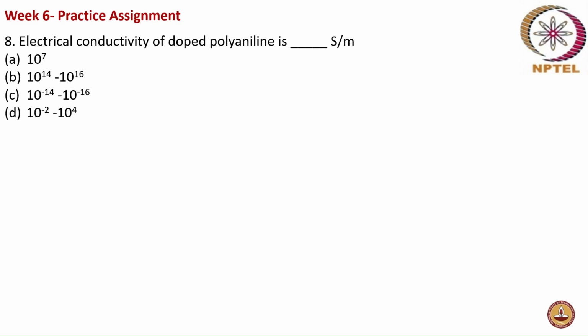It would be around, in the semiconductor region, 10 raised to minus 2 to 10 raised to 4. Yes, you're perfect. That is 10 power minus 2 to 10 power 4, which is the semiconductor region.